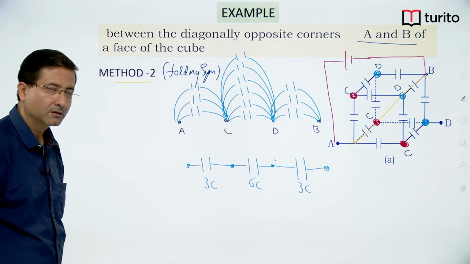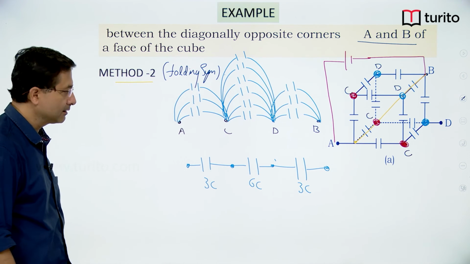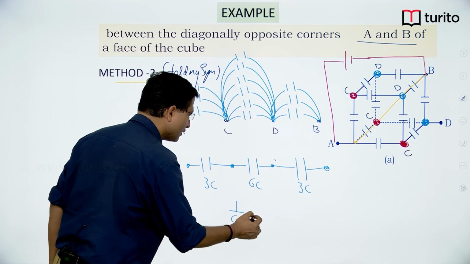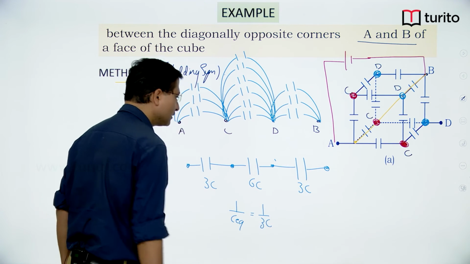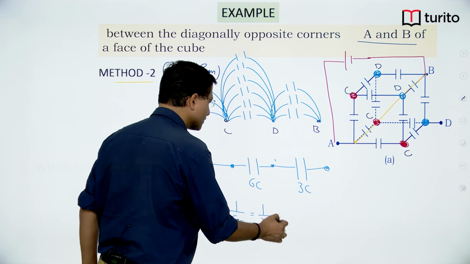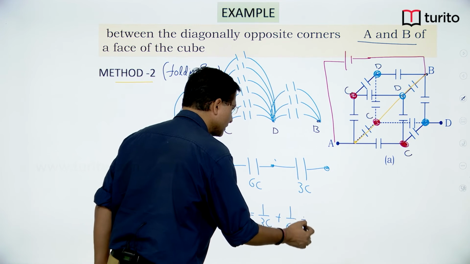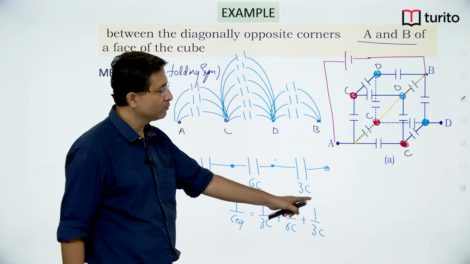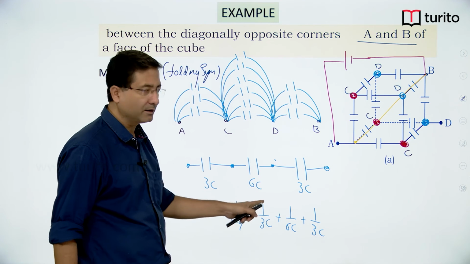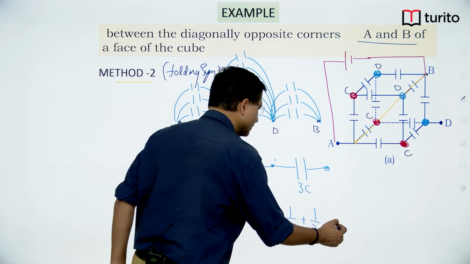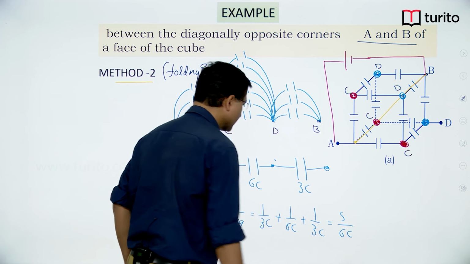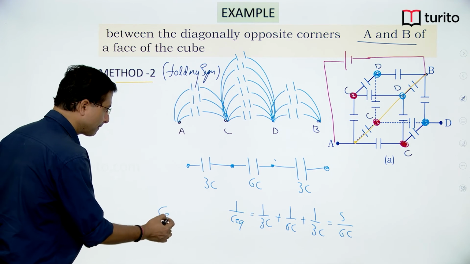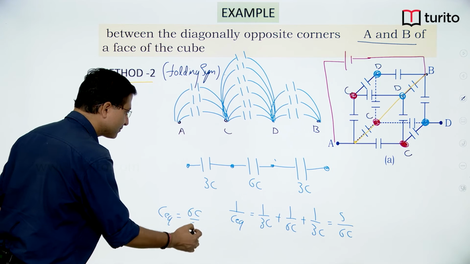Now, these capacitors are connected in series, 1 upon C equivalent will be equal to 1 upon 3C plus 1 upon 6C plus 1 upon 3C. So, multiply it, divide by 2, 2 plus 2 plus 1, 5, I can see 5 by 6C, that is 1 upon C equivalent. That means C equivalent will be 6C by 5.